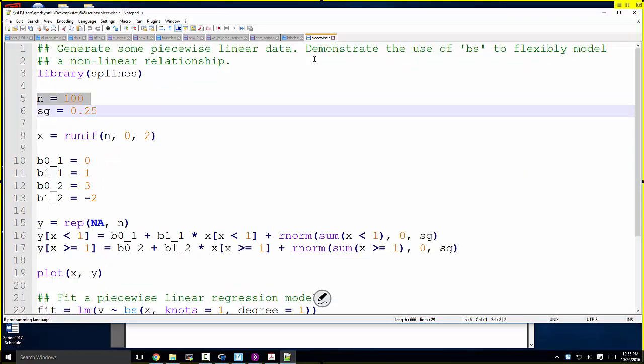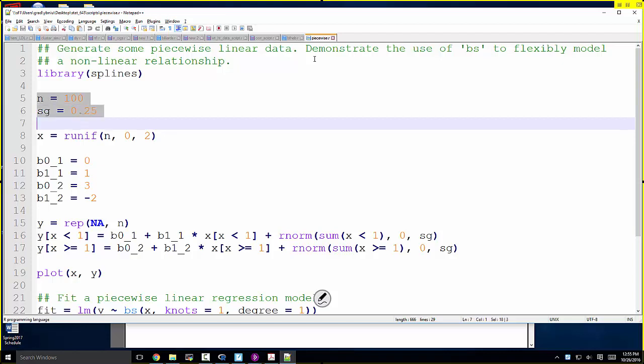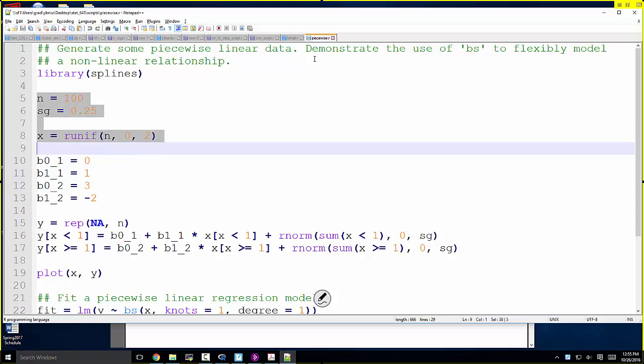Let's have a sample size of 100. Let's have a residual standard deviation of 0.25, and I'm just making these numbers up. Let's have a single covariate. We could think of this as time. So I'm going to generate a time covariate. The way I'm getting it is I'm getting uniformly distributed numbers between 0 and 2.